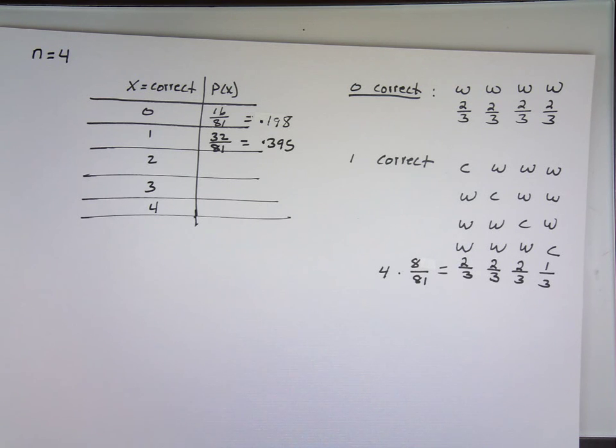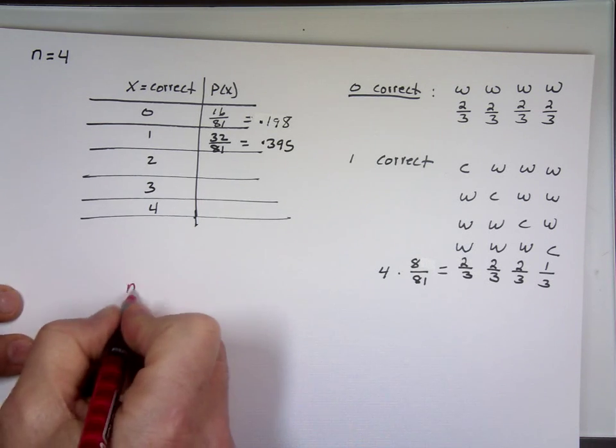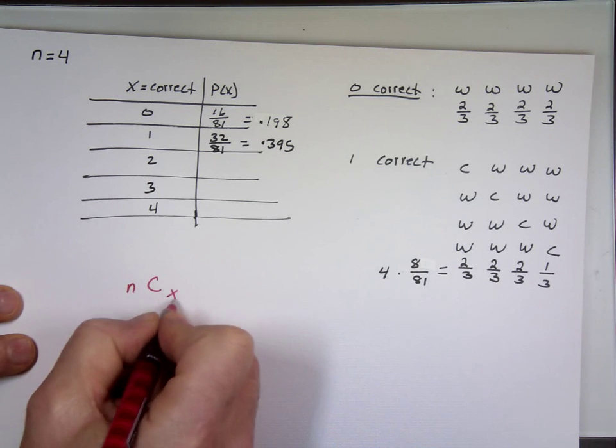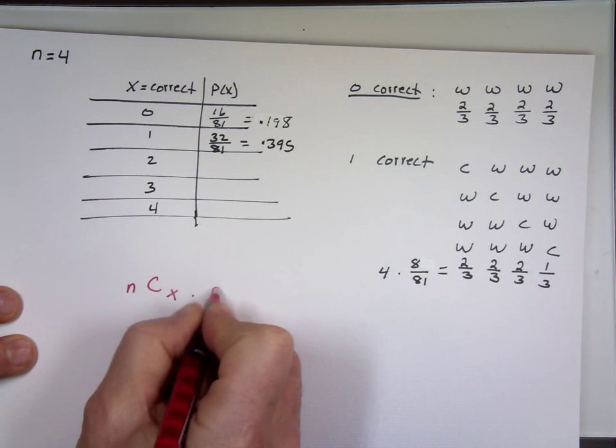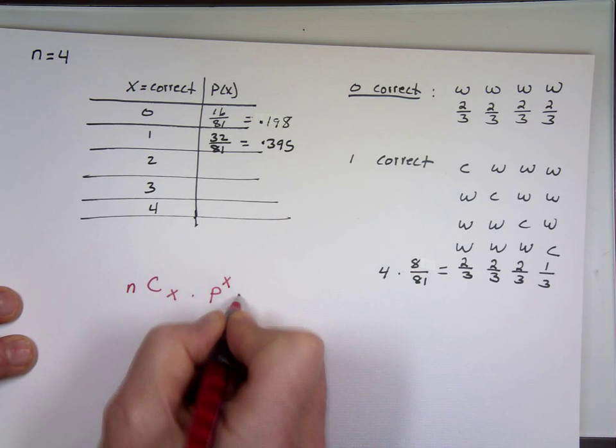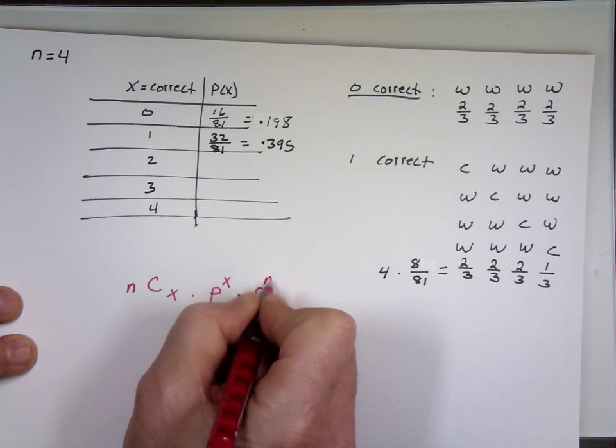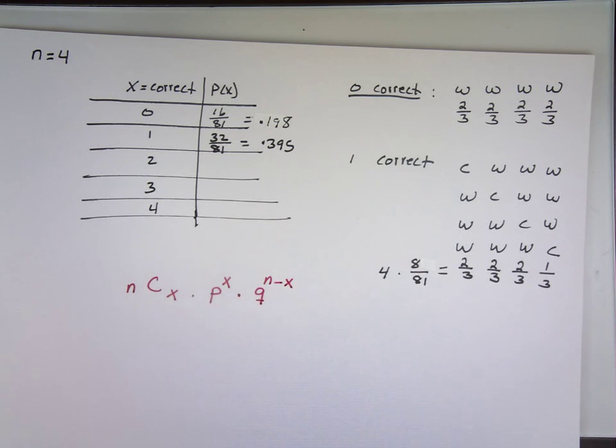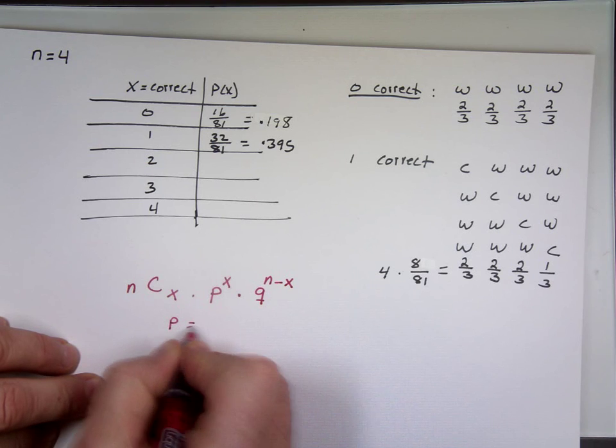To find the answer to each one of these, we're going to use this equation. I'll explain what the pieces are. It's nCx times p to the power of x times q to the power of n minus x. P here represents the probability of success.